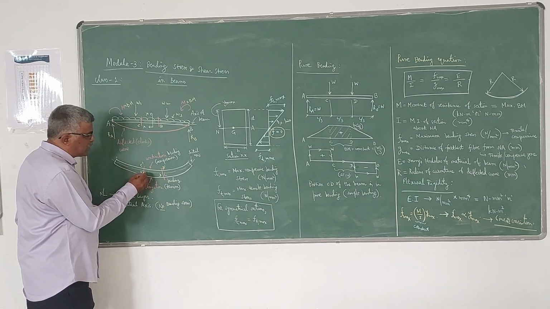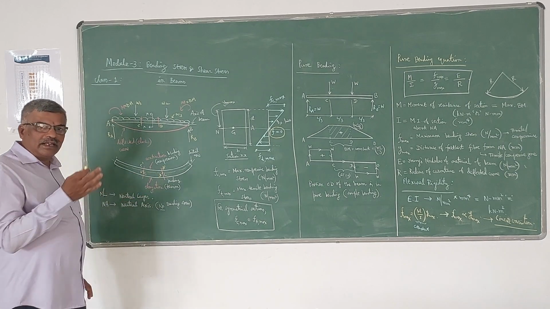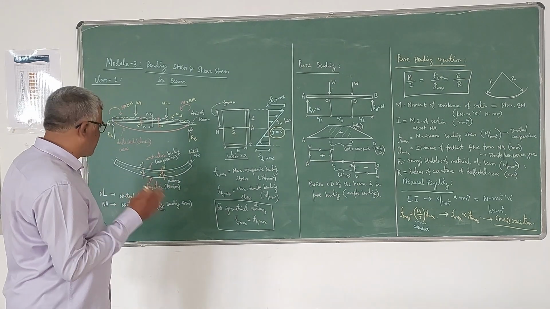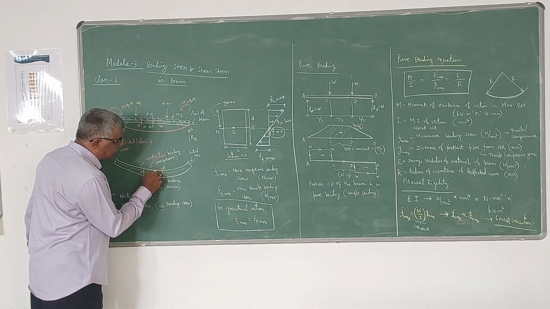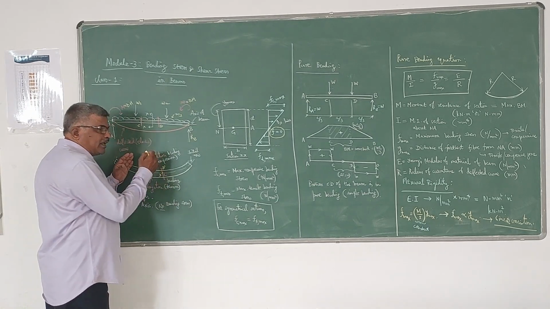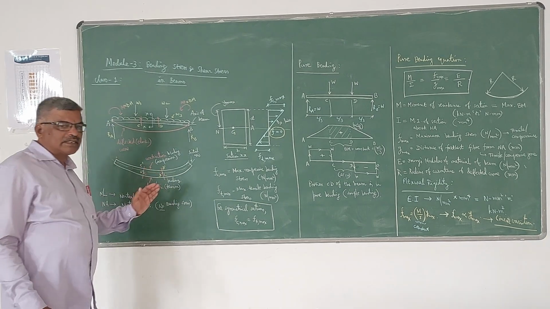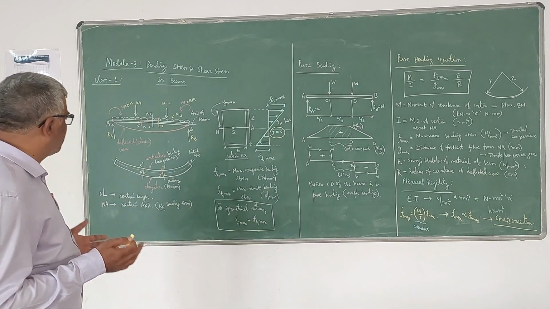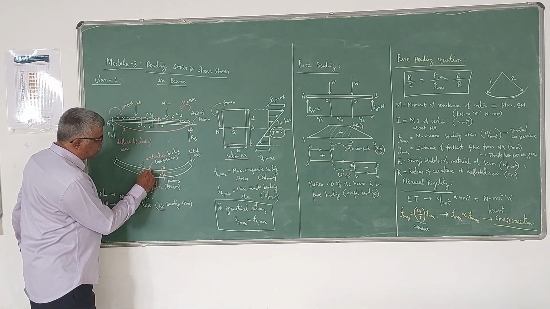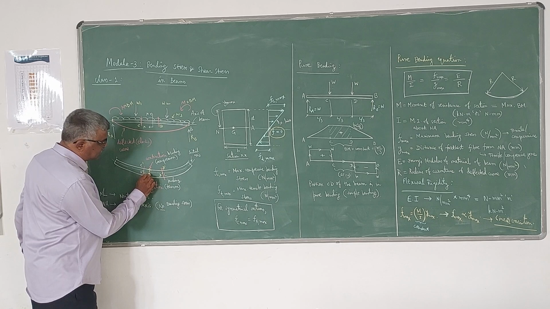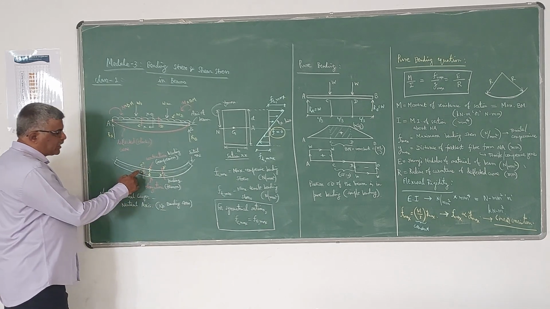That means this CD portion neither elongates nor compresses. The CD length remains the same, whereas above CD the layers get contracted, and below the CD the layers get elongated. Because of that, bending compressive stress will develop above this CD, and bending tensile stress will develop below this CD.